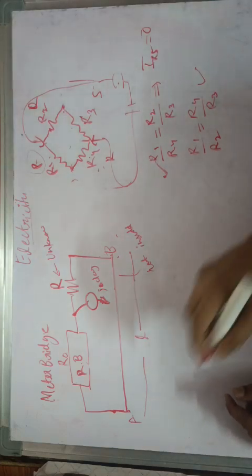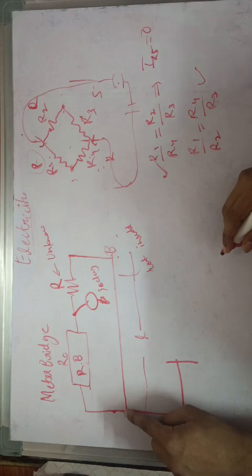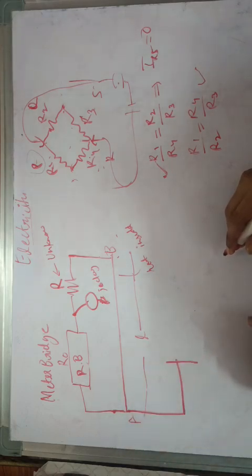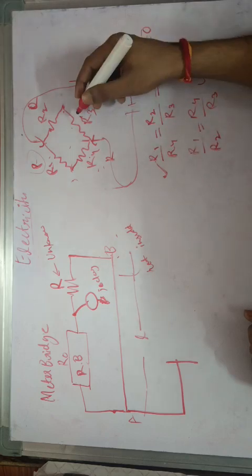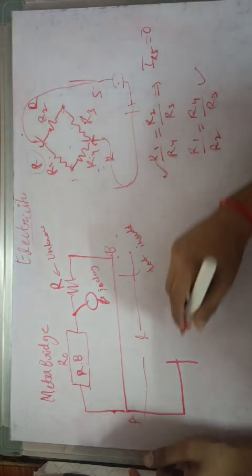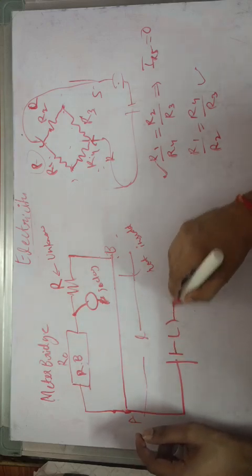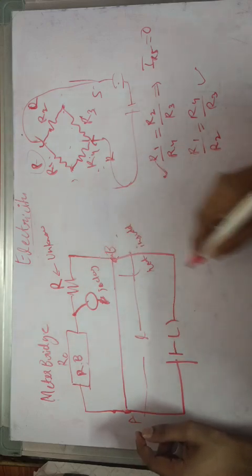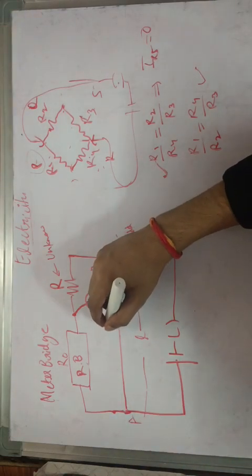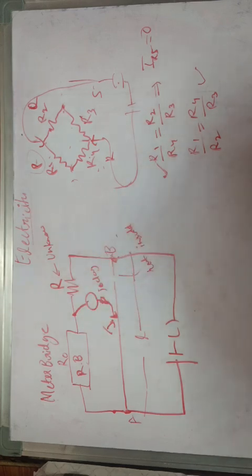Now we provide a current across one end here. We will join the battery here, with a switch, and the other end would be here, joined at this point. Let's say this point of junction is J.